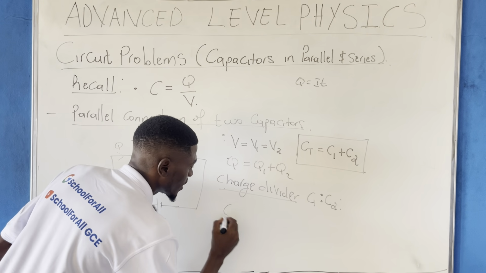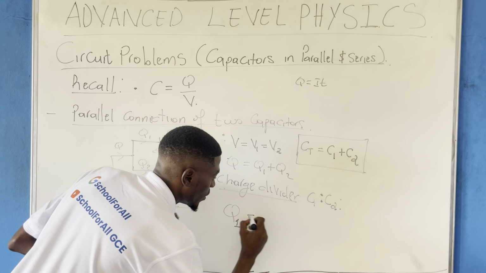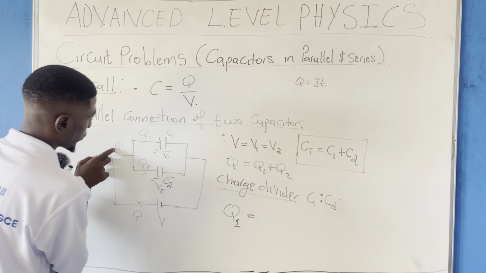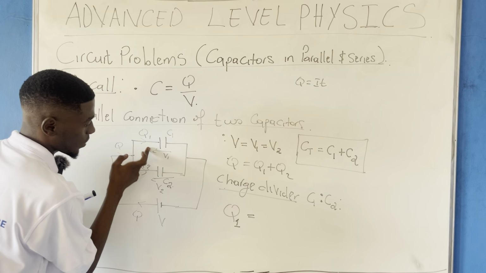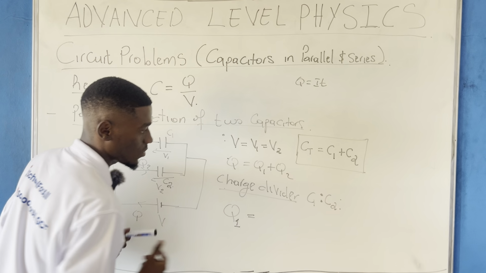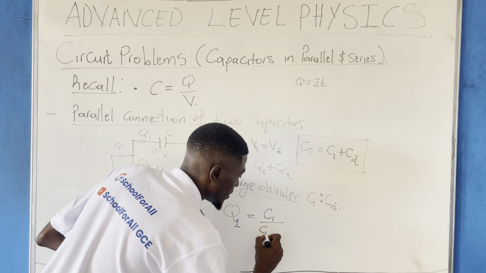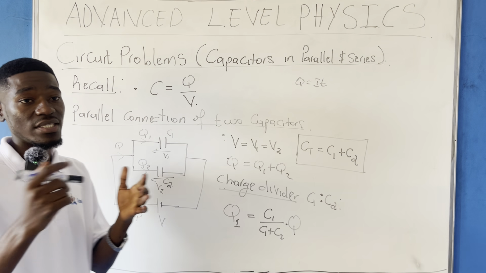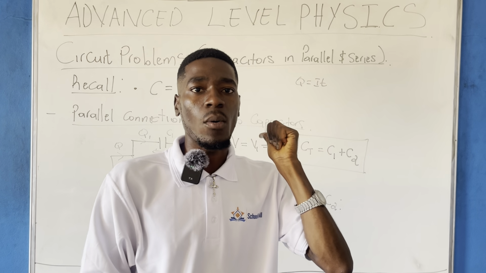So let us come back to the charge divider. It means if I want to calculate the charge that flows through C1, that is Q1, since this charge Q, that is Q total, is being shared between C1 and C2 in the ratio C1 is to C2, therefore Q1 is simply equal to C1 over C1 plus C2 times the total charge Q. Yeah, we did it already when I was doing current divider in our previous video.